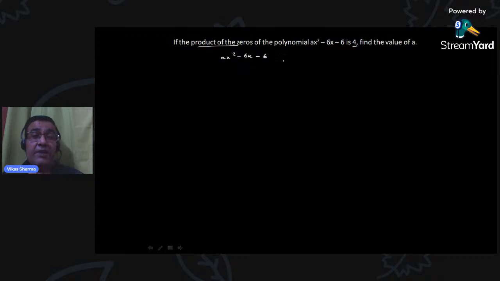If we find out the relationship between the roots, we know that alpha plus beta is equal to minus b upon a, and alpha beta is equal to c upon a. In this case, a is the coefficient of x square, b in this case is -6, and c in this case is also -6.